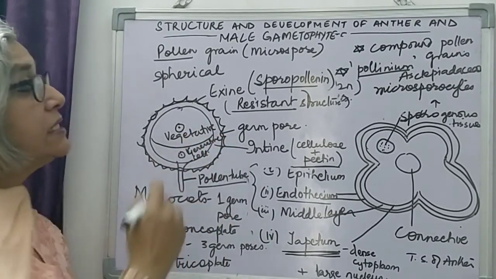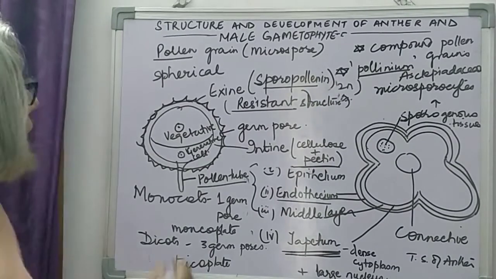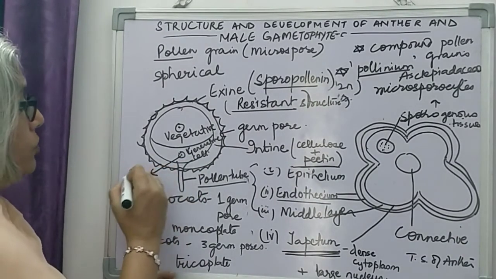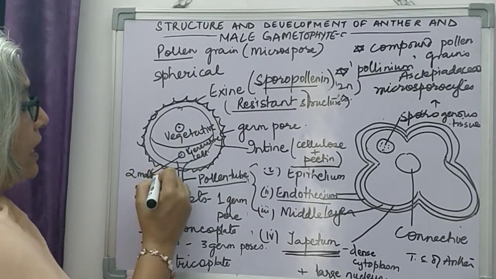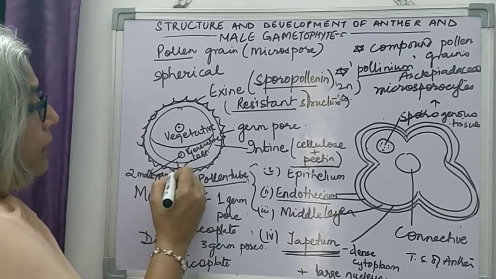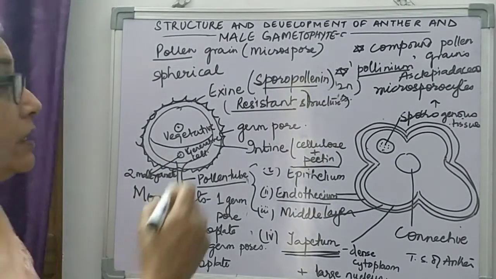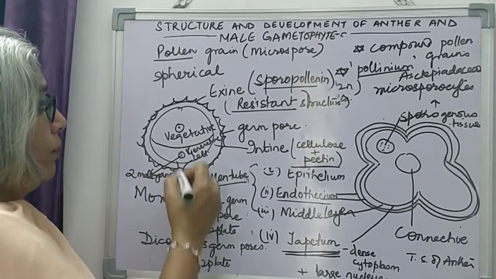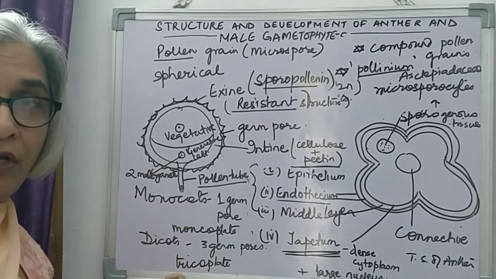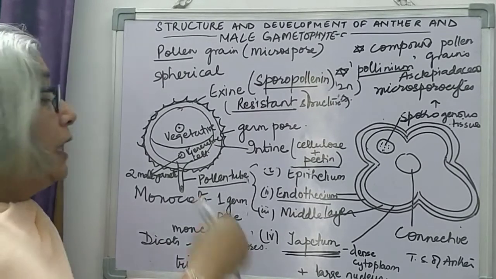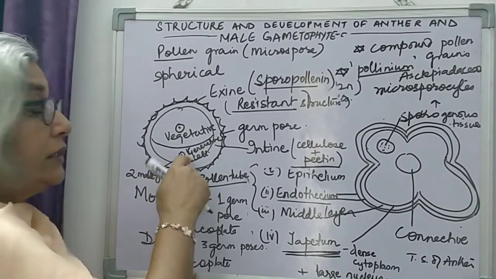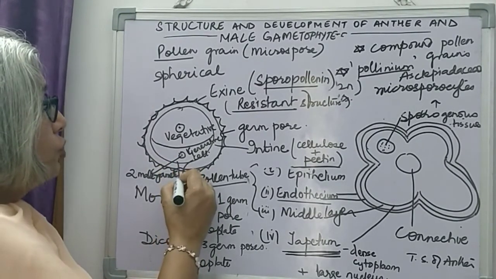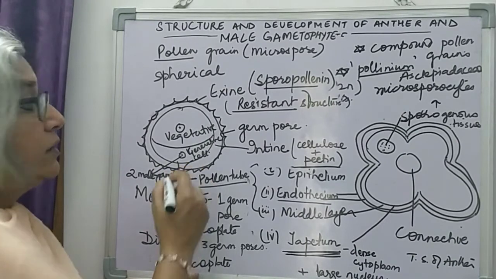And it is this generative cell that divides to form 2 male gametes. And as the pollen grain matures, this vegetative cell moves in the pollen tube and helps in the development of the pollen tube, and the generative nucleus divides and forms 2 male gametes.